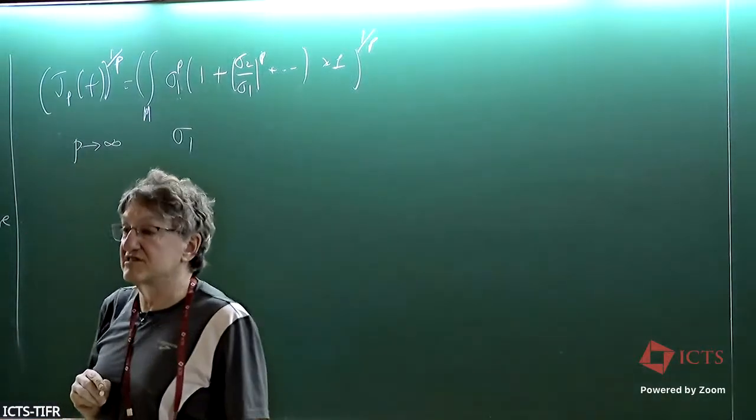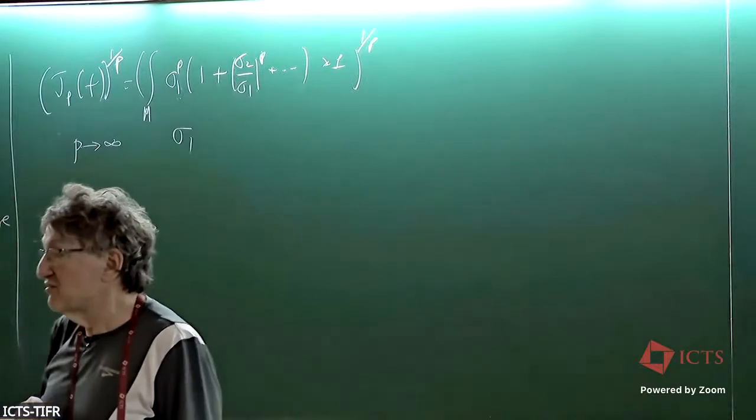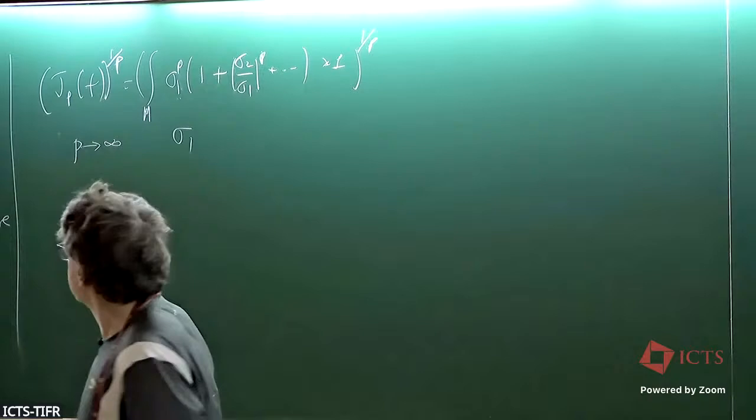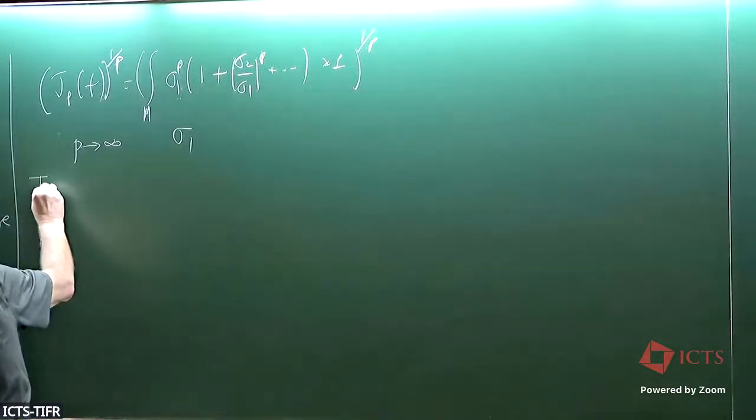This is very heuristic, right? Because you know that the limit of the P norms is the infinity norm.